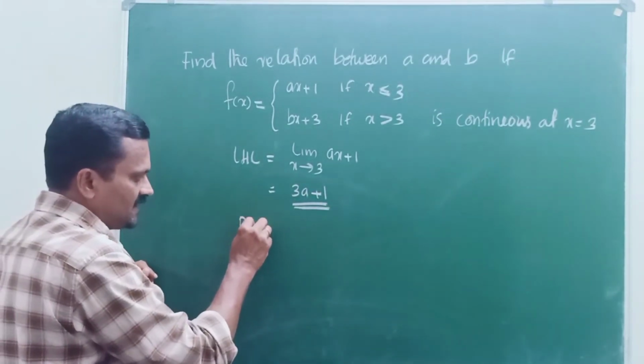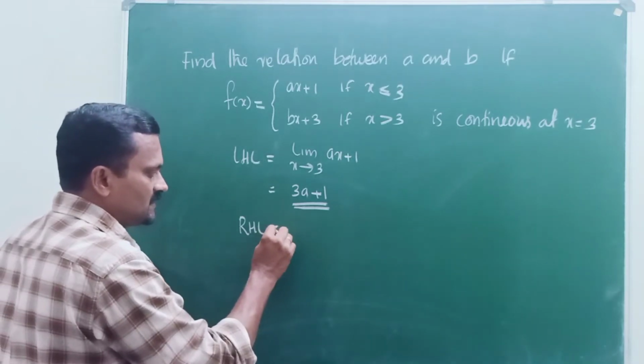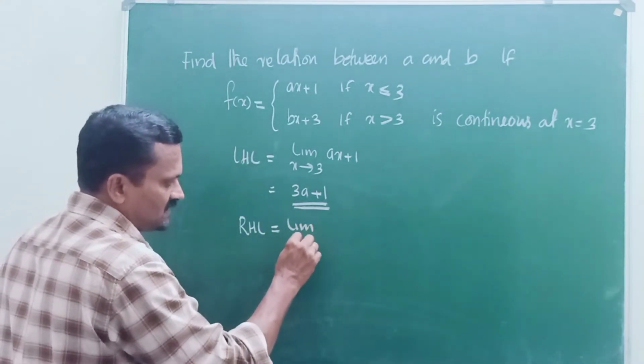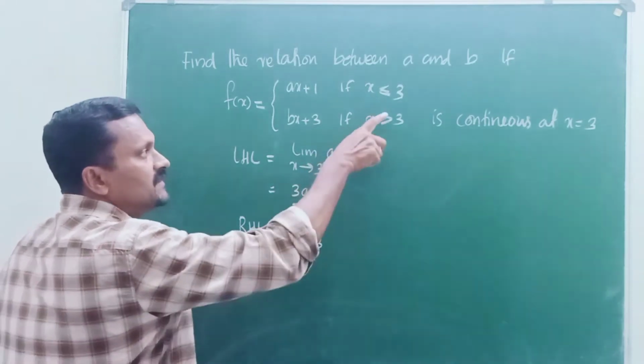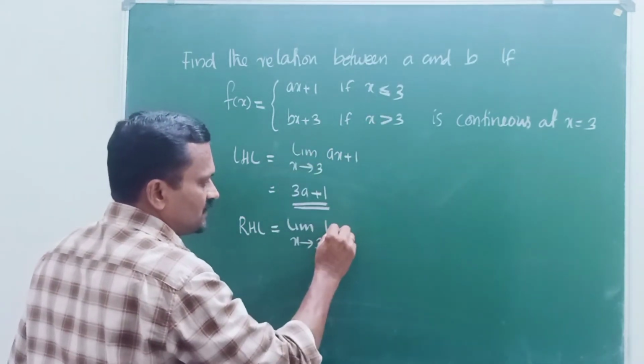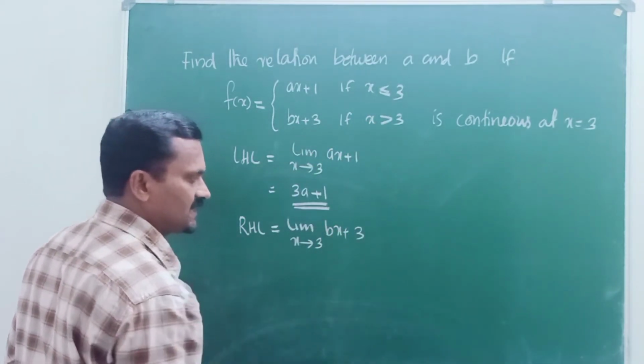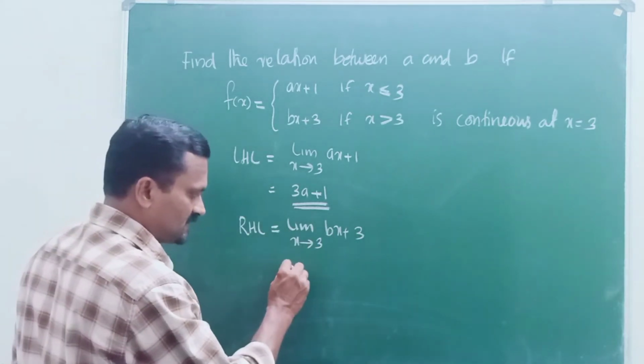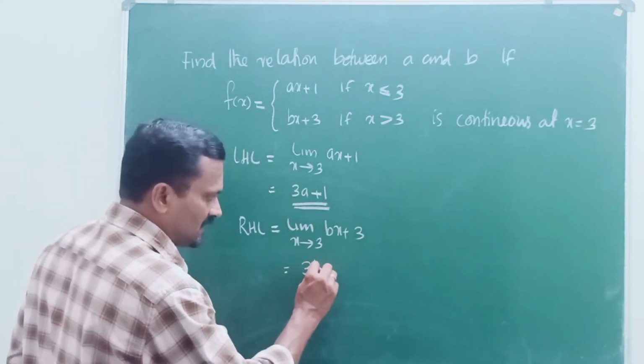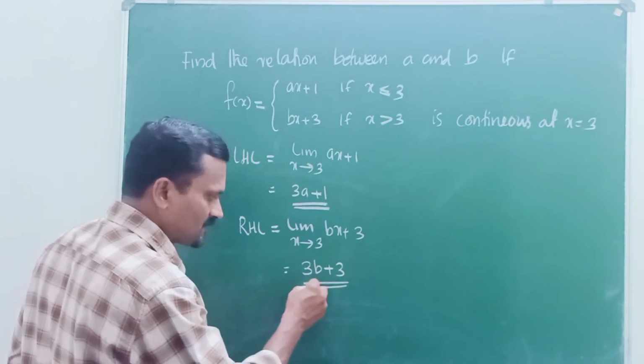What is the right hand limit RHL? That is equal to limit x tending to 3. When x greater than 3, the function is bx plus 3. Put x equal to 3, then it becomes 3b plus 3.